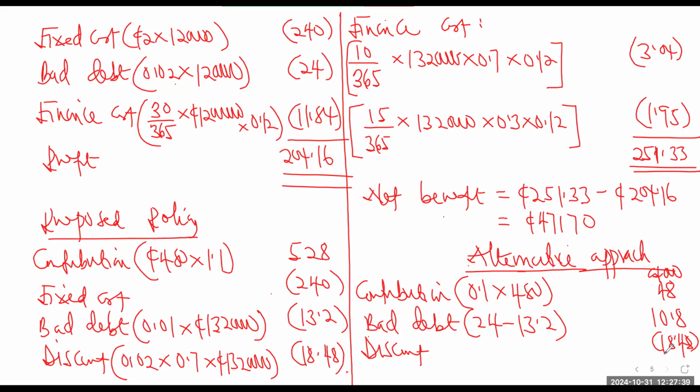What is happening there? Is it a decrease or increase? Decrease. Decrease of how much? 6.85. So you are going to have a reduction in finance costs.